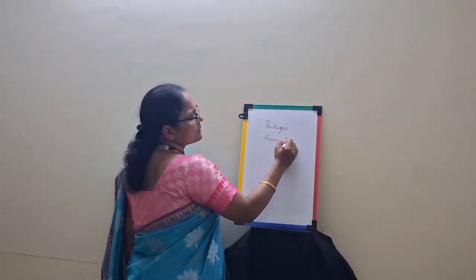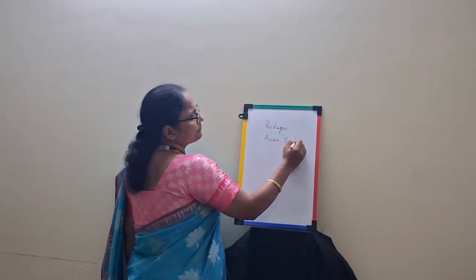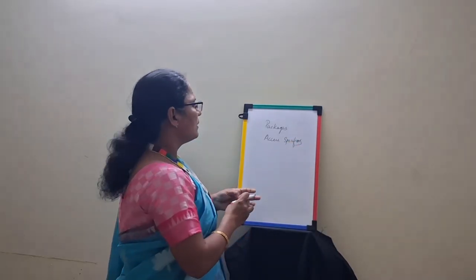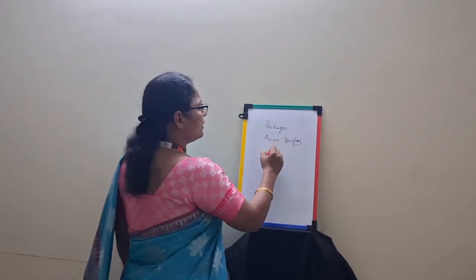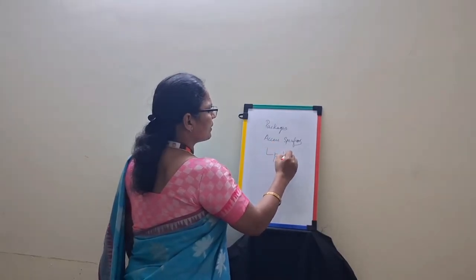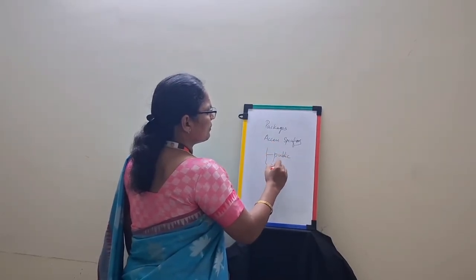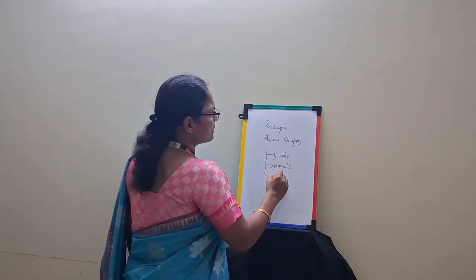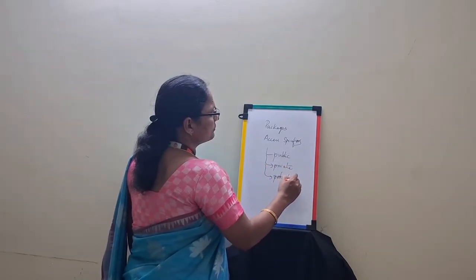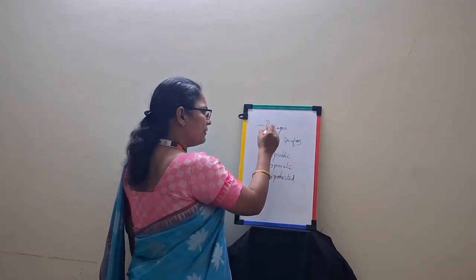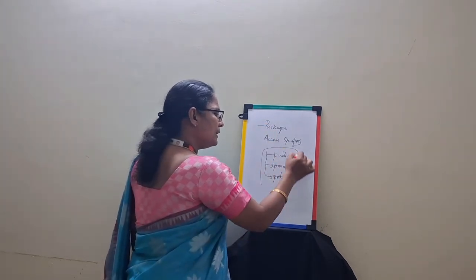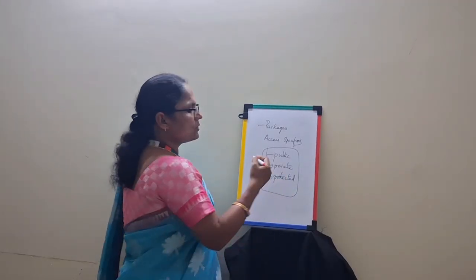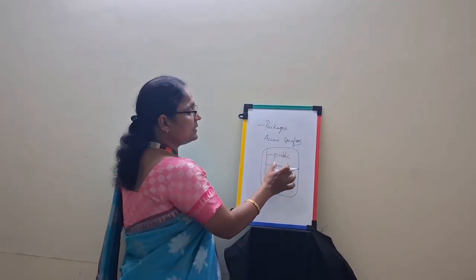Access specifiers we generally call public, private, protected. The default is also there, but we see basically these three.